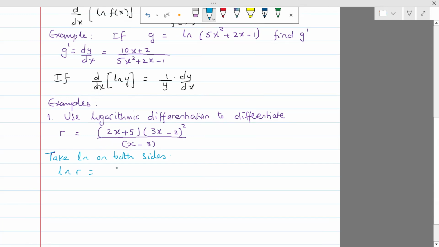So ln r becomes ln of all these terms, which will become ln of 2x plus 5 plus, I'm going to bring the 2 in front, 2 ln of 3x minus 2, and then minus ln of x minus 3, because this one is in the denominator, so I'm going to subtract.